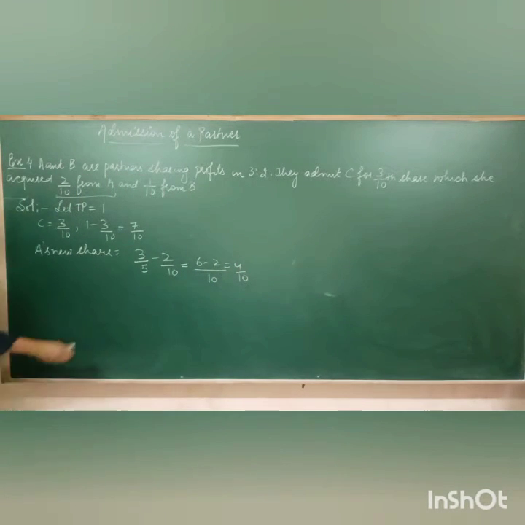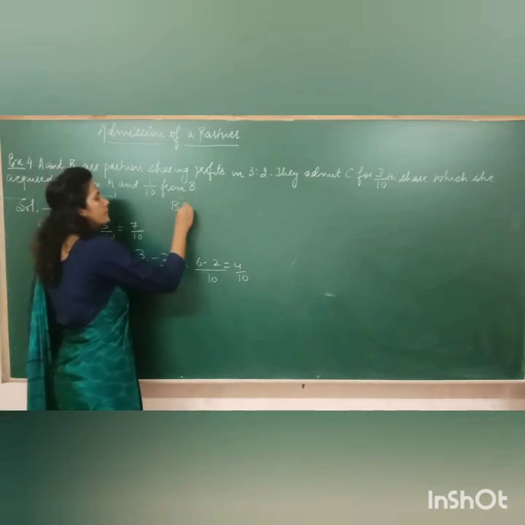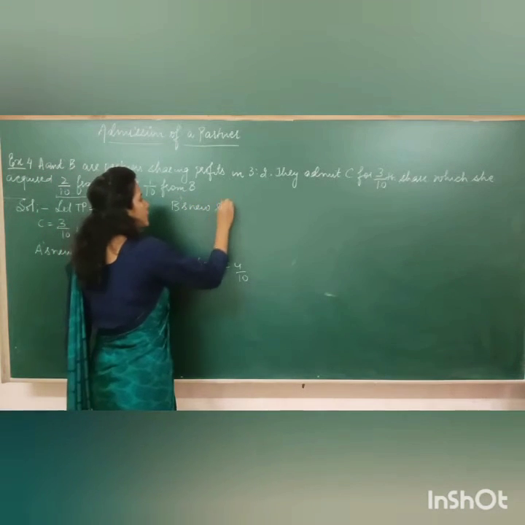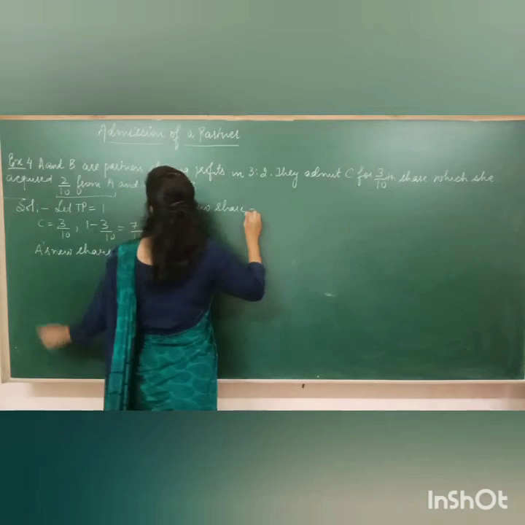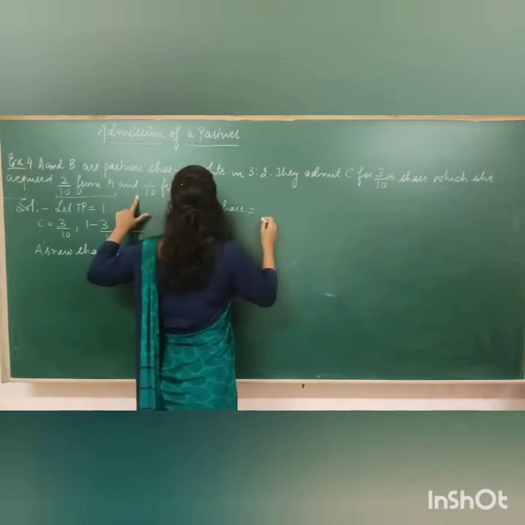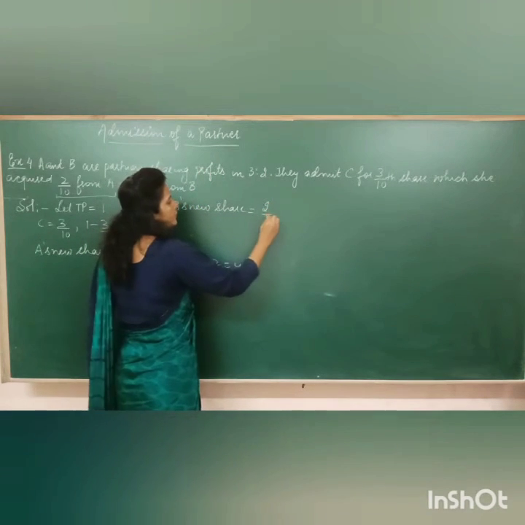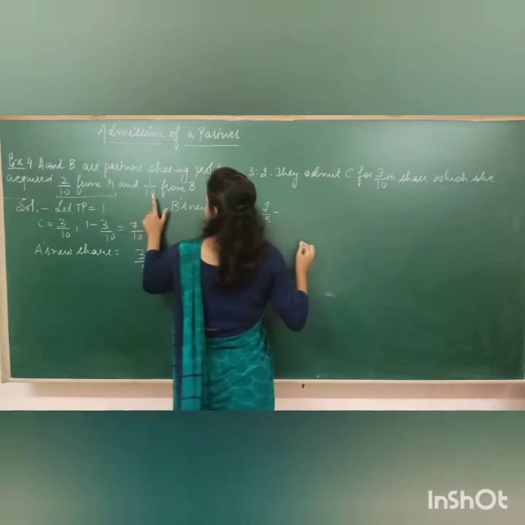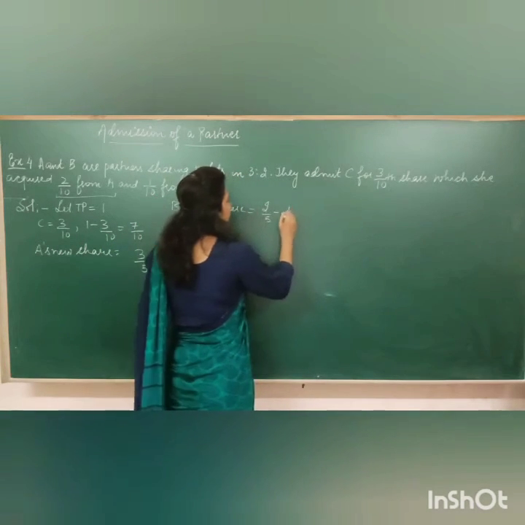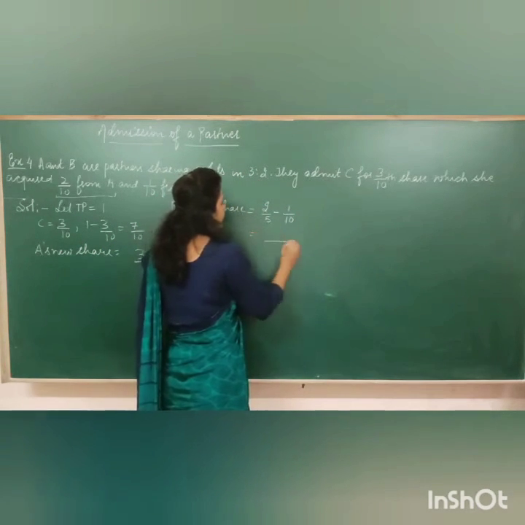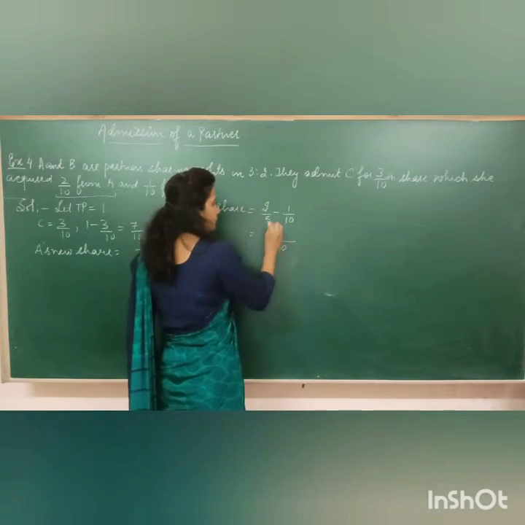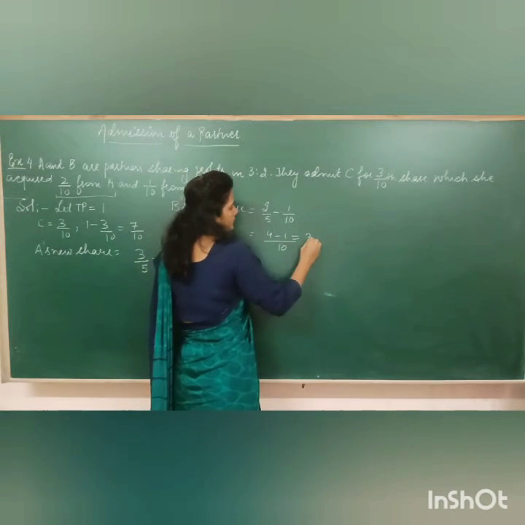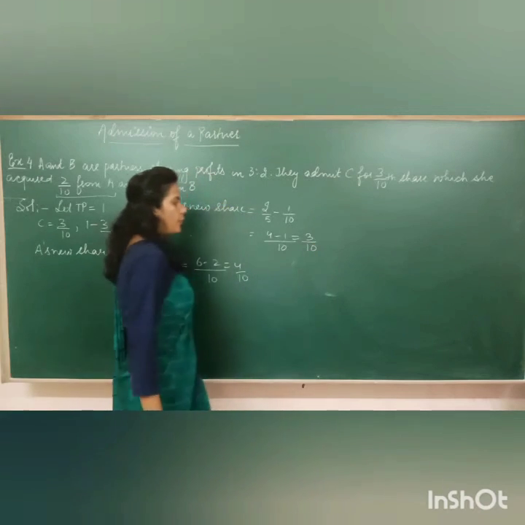Now if I would like to calculate B's new share, B's new share is equal to B's old share. B's old share is 2 upon 5, and 1 upon 10 B has given to C, so minus 1 upon 10. So it will be equal to 3 upon 10.